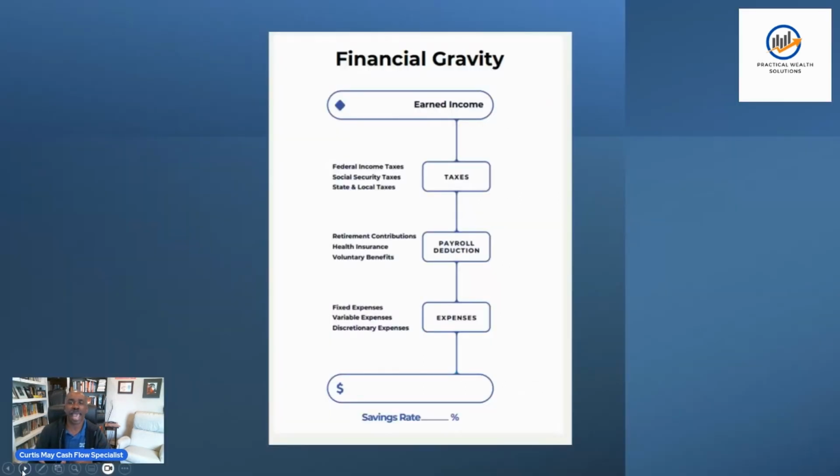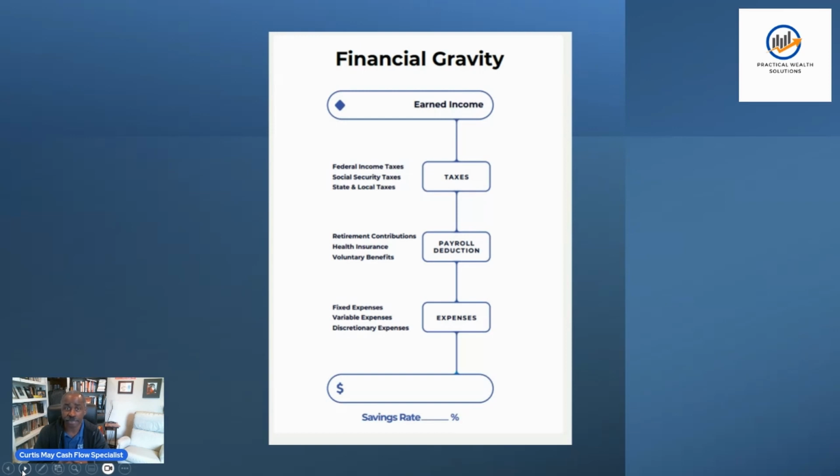And so now to add to that, we are suffering from what I like to call financial gravity. Okay. So you've got your earned income, like W-2 income. Before you get to it, the money gets taxed, right?